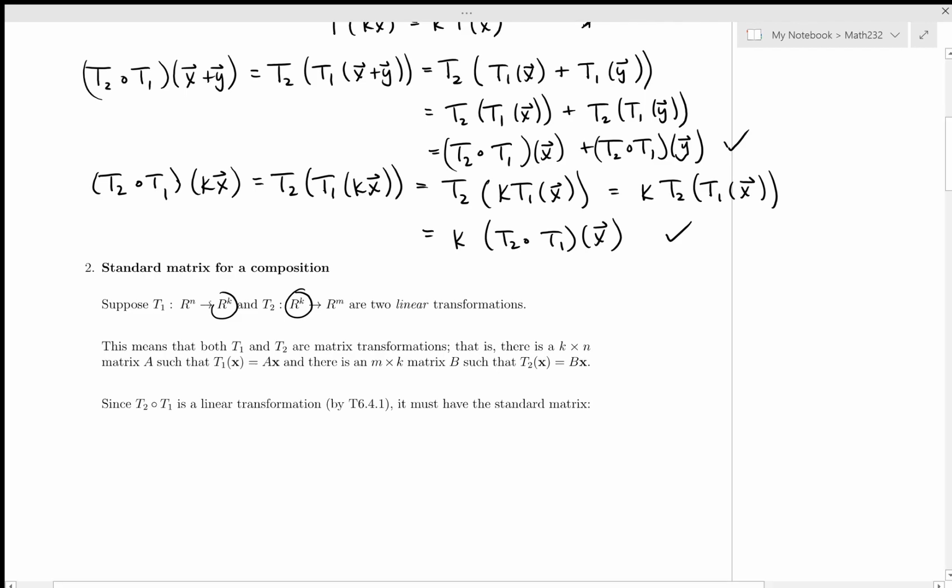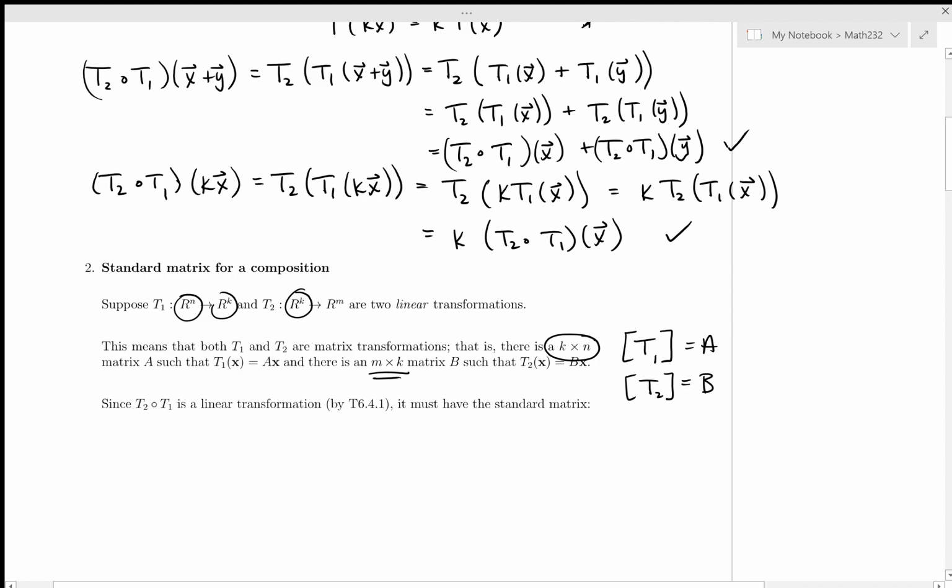Because T1 is a transformation from Rn to Rk, when we represent that transformation in a matrix, it has to be a k by n matrix. We're calling this one A. And similarly for the T2 transformation, the matrix we're calling B is going to have to be m by k.